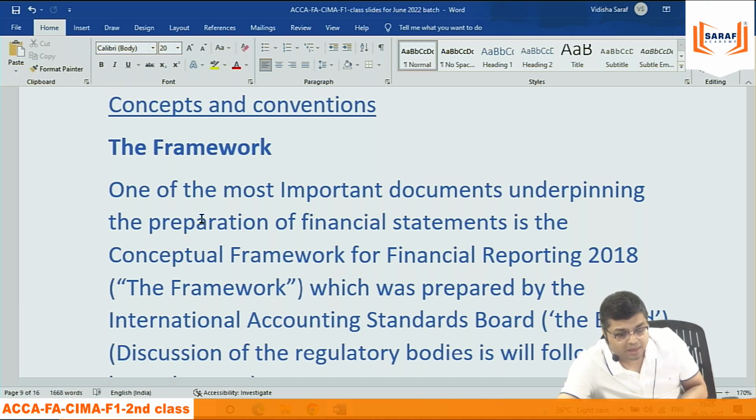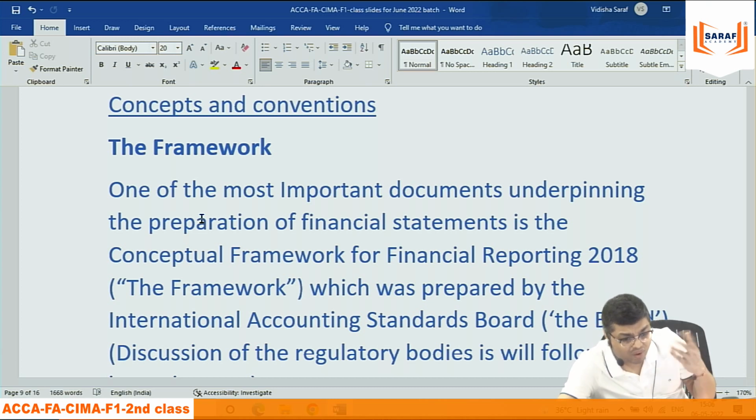Whereas it should not be, because whatever is in the framework, the Bible, that should be there in the accounting standard also, because accounting standard is prepared based on this framework. But you will find many places the differences are there. Then the accounting body is saying that the framework is not relevant. Whatever is written in accounting standard, that is applicable.